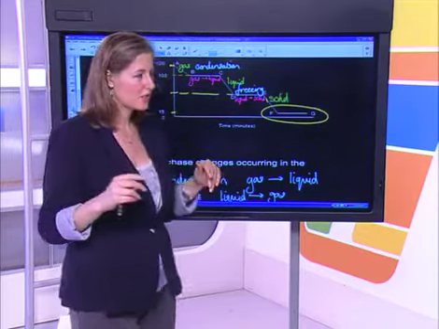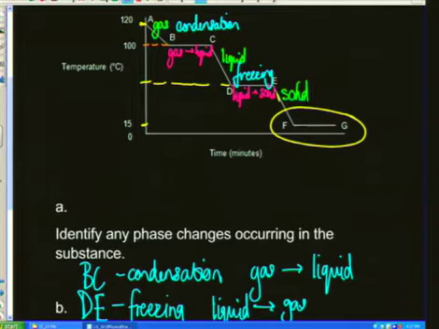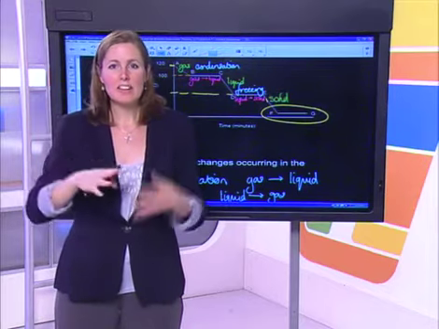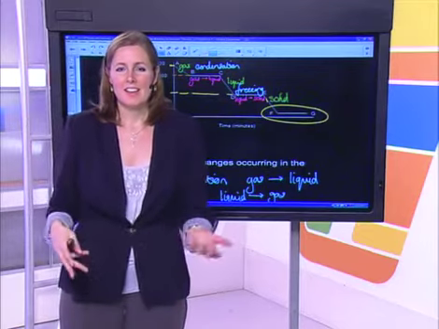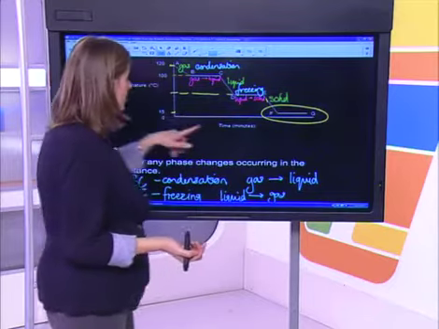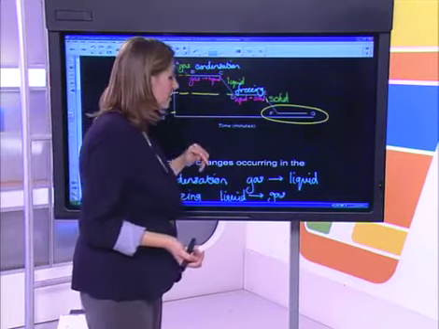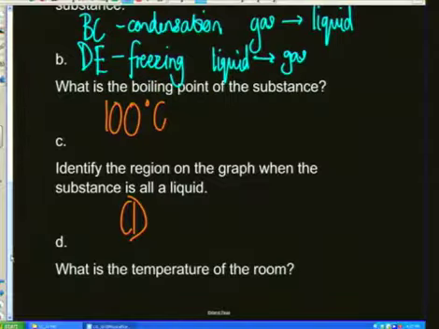Well, think this through. Definitely, the temperature of the solid has dropped to a point, and then it has remained the same. So we must be able to say, well, surely the environment that this is in, it's cooling to its surroundings. It's not going to drop any lower than the temperature that the room is in. Okay, so from F to G would be the temperature at which the room is at.